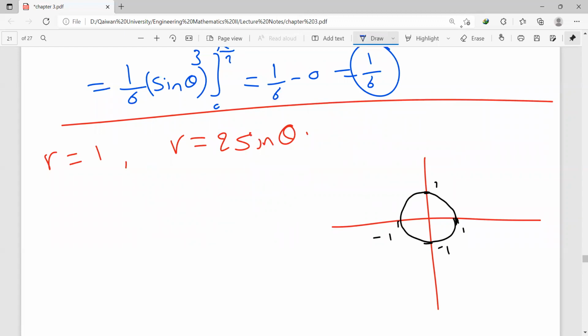Its radius is at 0 and 1. This is the graph of 2 sine theta, and this is r equal to 1 here. It says find the region which is bounded by these two graphs. So the region which is bounded by these two graphs is this one.